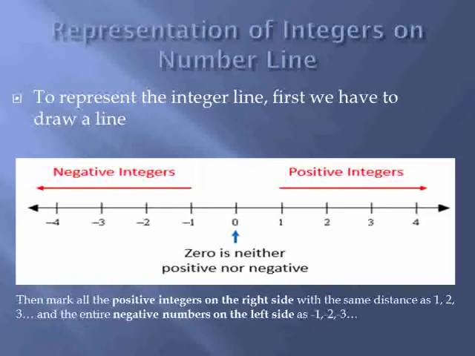The positive integers consist of all positive numbers, and the negative integers consist of all negative numbers, and the distance between all of them is the same.